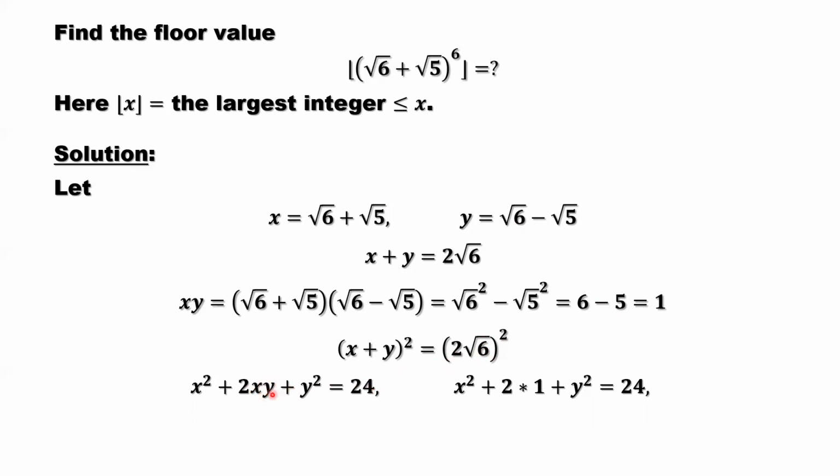So now what is xy here? xy we already have here. That's xy equals 1. Plug in here, replace xy by 1. We have 2 here. Move 2 to the right-hand side. 24 minus 2 is 22. So we have this result, x squared plus y squared equals 22. Summarize all results to the next page.